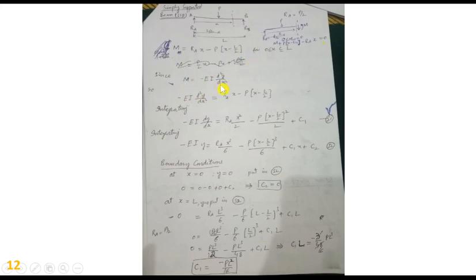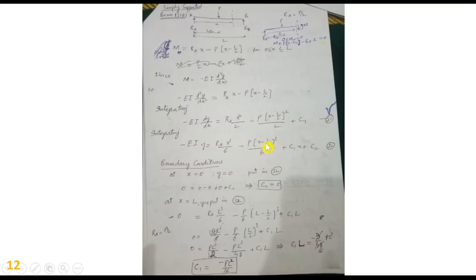Since this is equal to EI d2y/dx2, integrating, we get RA x square by 2 minus, this is important, P into, taking this as unity, [x minus L by 2] whole square by 2 plus C1. Integrating again, EI y is equal to RA x cube over 6 minus P into [x minus L by 2] cube over 6 plus C1 into x plus C2.